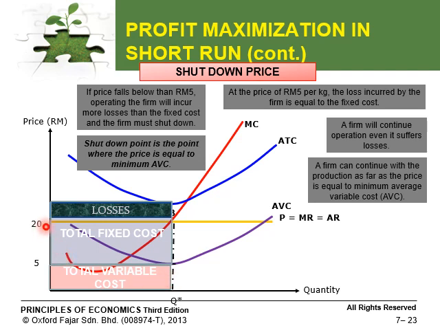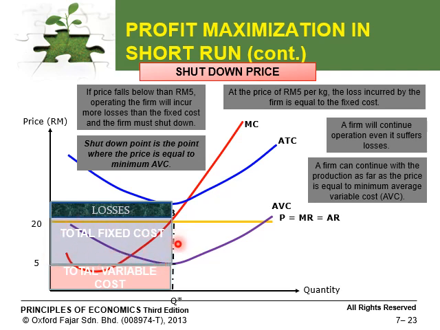If your price is above the average variable cost, your firm is supposed to not shut down, because it can still cover part of your total fixed cost even though you are having losses.